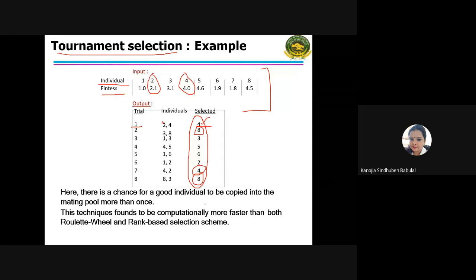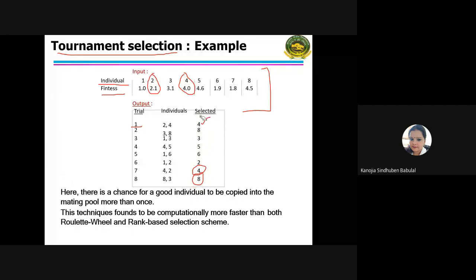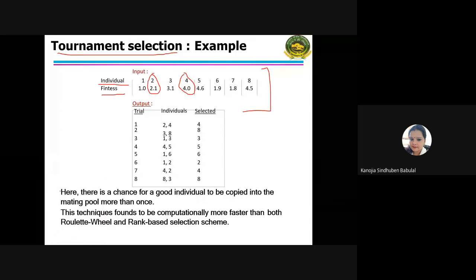One more thing can happen. Suppose the 2 individuals we have selected for the trial both have the same fitness score, a tie between them. For our example right now we don't have such a case, but suppose 2 and 4 both have fitness score 2.1.